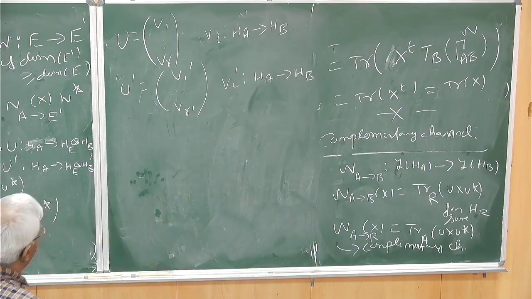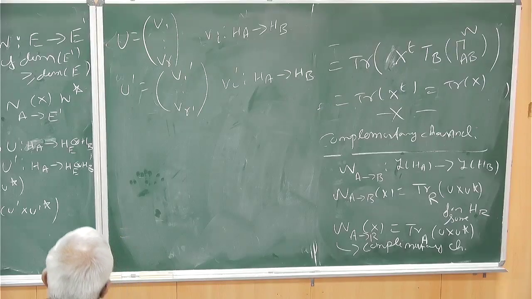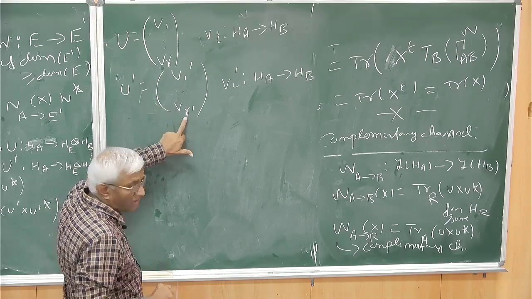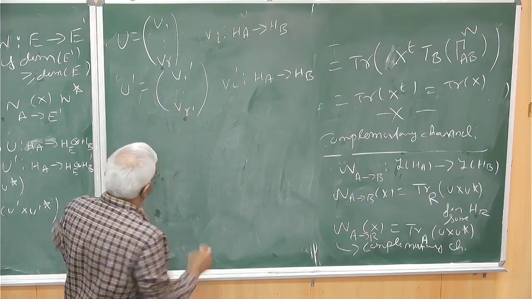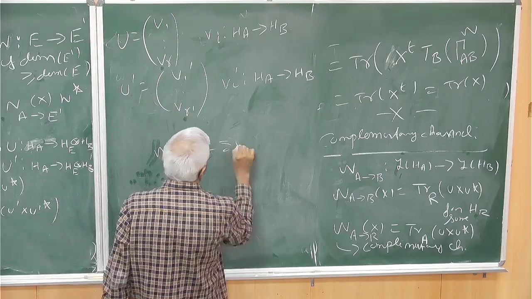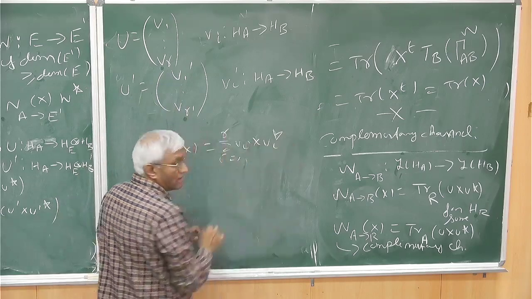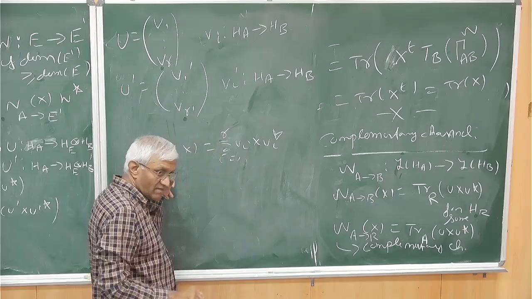Now we actually proved that for a minimal R, we have an isometry taking that to any other Kraus operators. This is some R, this is some R prime. There is a minimal R. Any N of X looks like the summation of Vi X Vi star, i equal to 1 to R. The minimal R is what is called the rank of this.